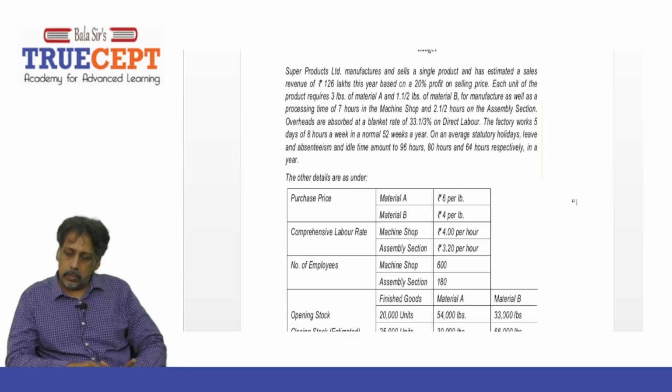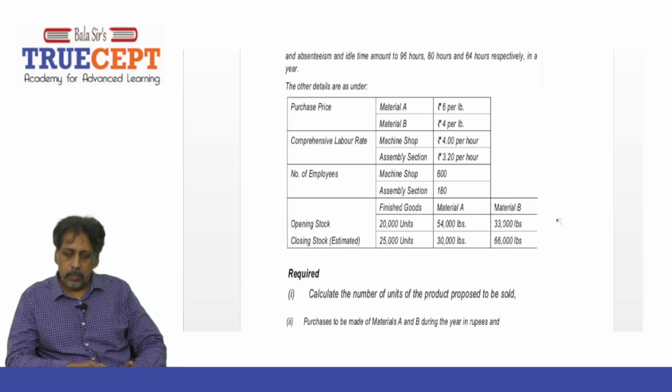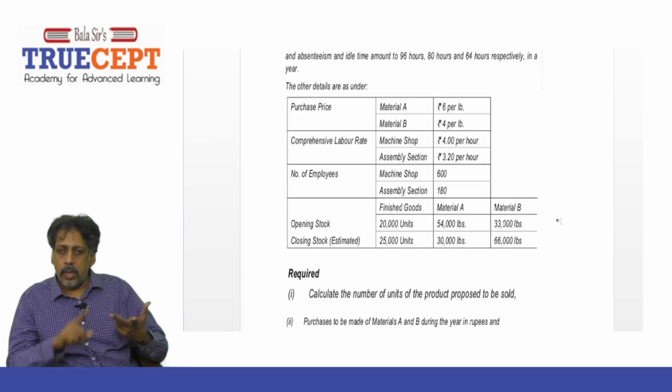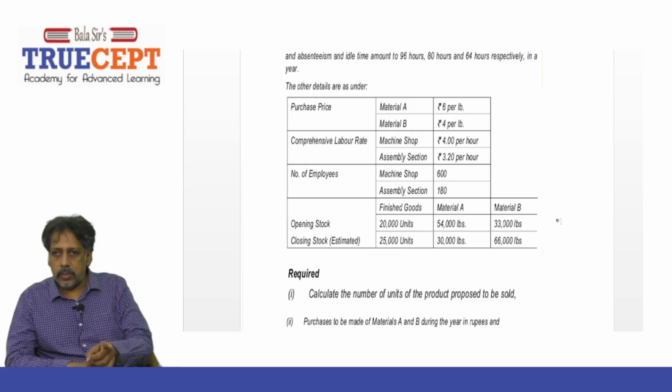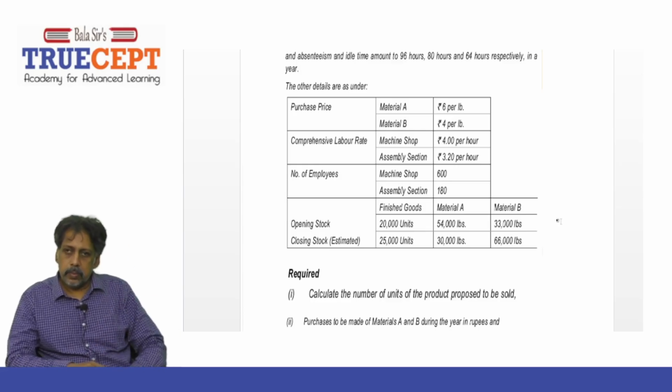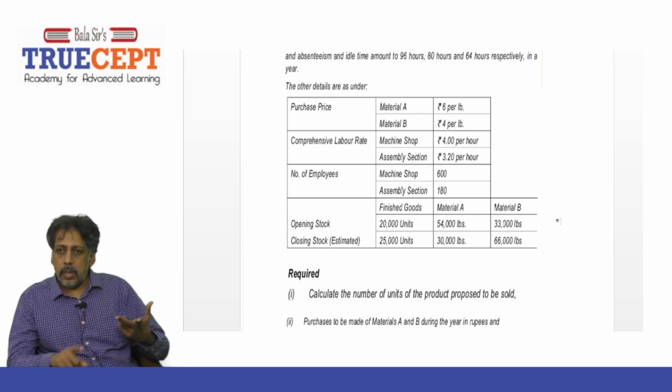The other details are as under. Purchase price, material A rupees 6 per LB. Point to note, rupees 6 per kilogram is the cost of material A. And material B rupees 4 per LB, 4 rupees per kilogram or 4 rupees per LBS, that is pounds. Next. Comprehensive labor rate, machine shop rupees 4 per hour and assembly section rupees 3.2 per hour. He has given the wage rate per labor hour.